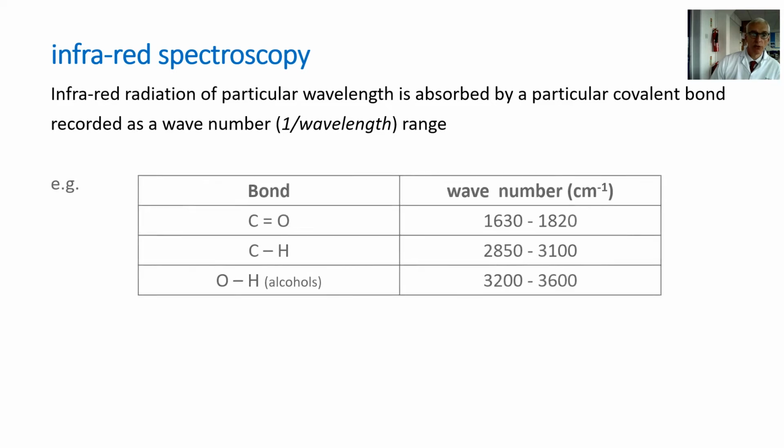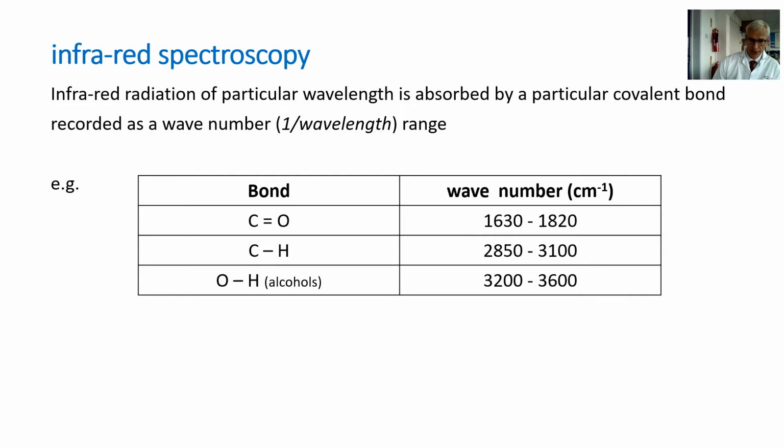So some examples of that would be the carbon-oxygen double bond, which has a wave number of 1630 to 1820, and so on. And you see at the bottom that the oxygen-hydrogen bond in alcohols is 3200 to 3600, it will be different in a carboxylic acid.